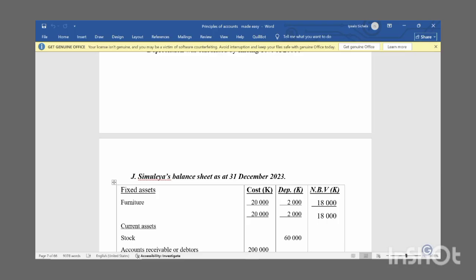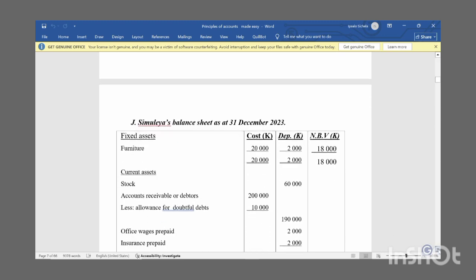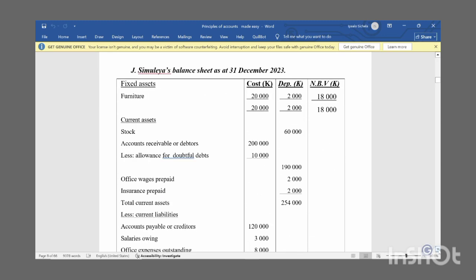So what is the first thing we record in the balance sheet or statement of financial position? We'll start by listing the fixed assets. We have one fixed asset, which is furniture, and the cost of furniture was 20,000. What was the depreciation? We found it in the trading profit and loss account, also called income statement. It was 2,000. So first find the net book value.